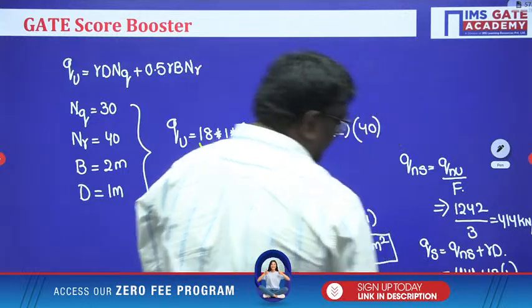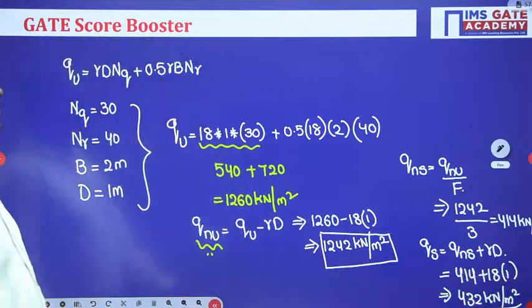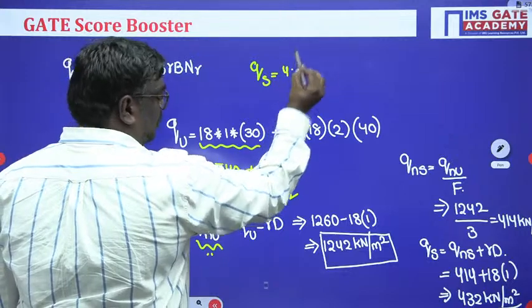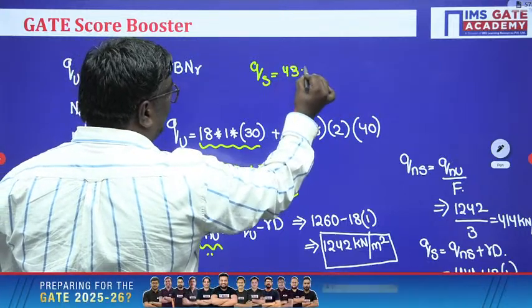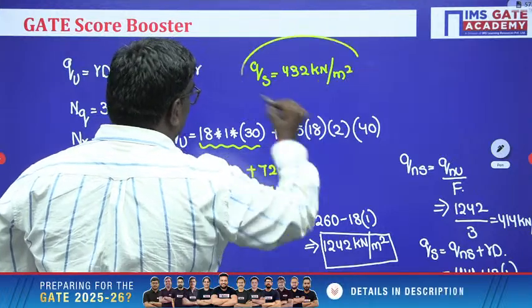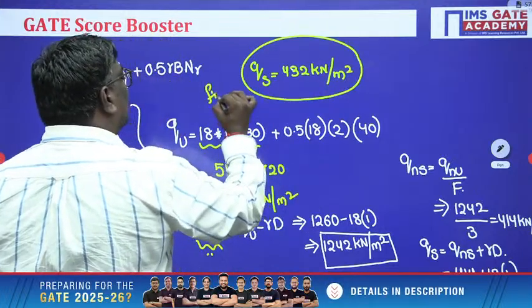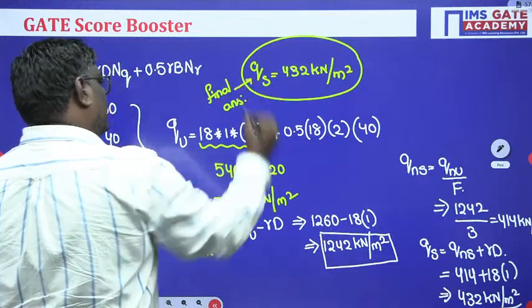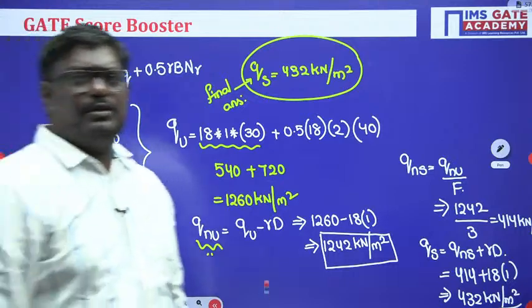So, the gross safe bearing capacity q_s is equal to 432 kilonewton per meter square. This is the final answer you can write. I hope you are clear with this solution.